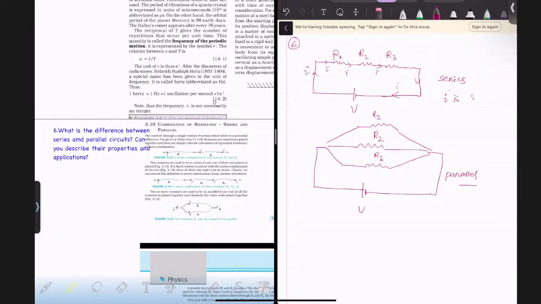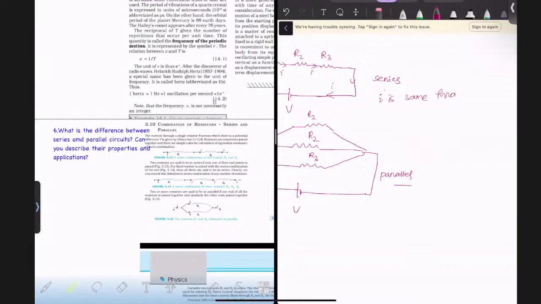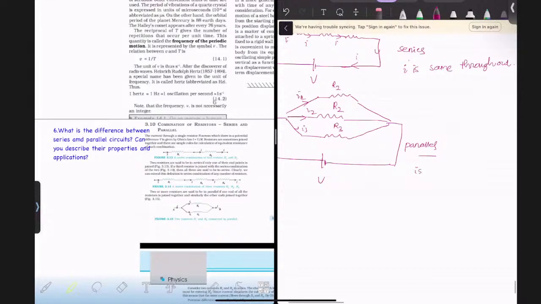I is same throughout. Okay, but यहाँ पे I is different. Parallel I1, I2, I3. I is variable. तो सीरीज एंड पैरेलल में एक डिफरेंस आपको पता चल गया. I यहाँ पे सेम होता है थ्रू आउट एंड I इज वेरिएबल थ्रू आउट.